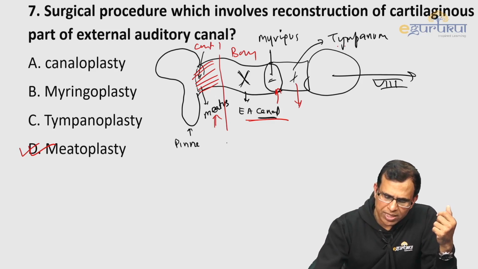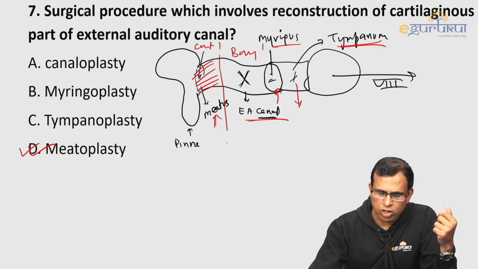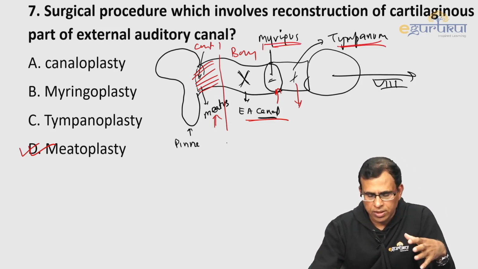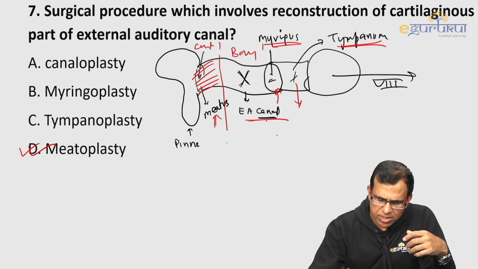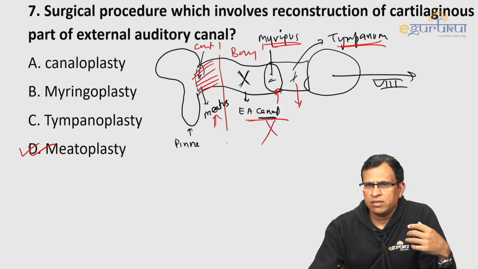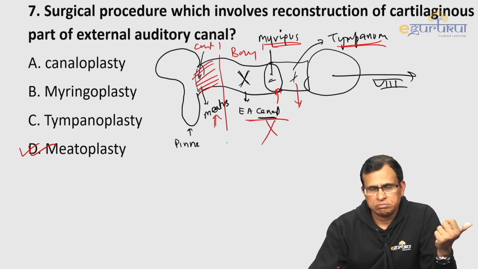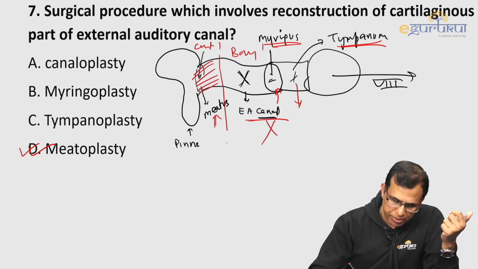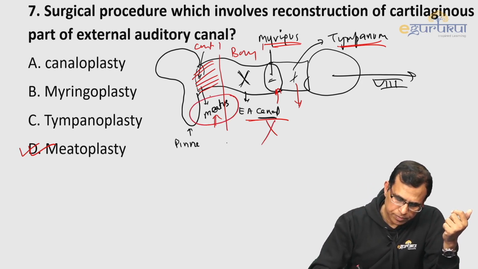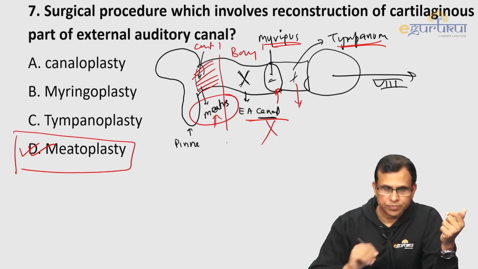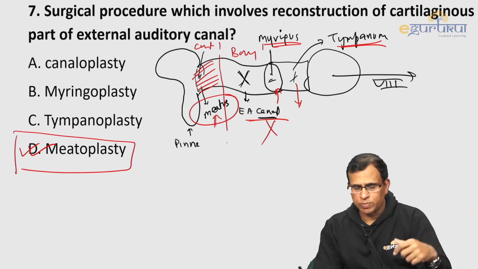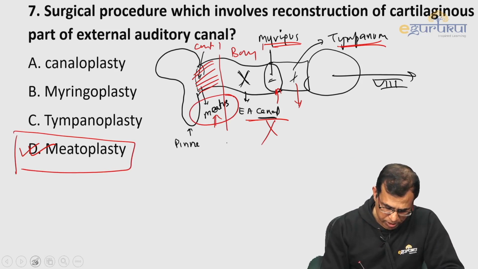Now, tympanoplasty and myringoplasty are very commonly done surgeries. Canaloplasty is very rare. You don't have to repair the canal unless there is a congenital defect, very rarely. But meatoplasty is a very common procedure. Now, can you tell me when meatoplasty is commonly done?